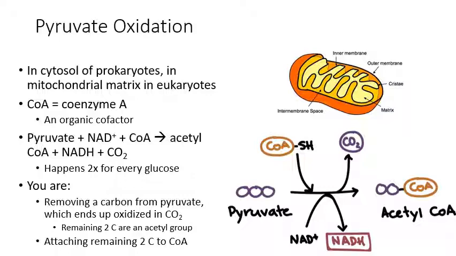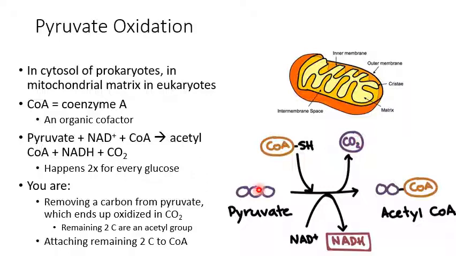So what's actually going on there is that you're taking your pyruvate that you generated in glycolysis and you are splitting it up. Pyruvate has 3 carbons on it, shown right here. See, each of these little balls is one of the carbons in pyruvate. In pyruvate oxidation, you are going to take one of these carbons off and add it to oxygen, which gives you carbon dioxide.